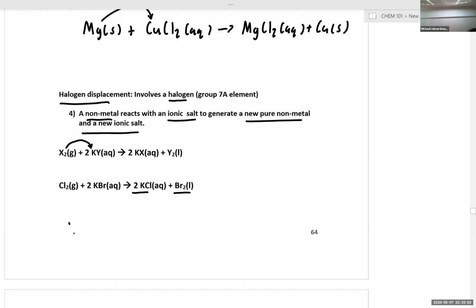Another example, if you take a sample of sodium iodide aqueous and you treat it with bromine, what products would you expect to observe in this halogen displacement?